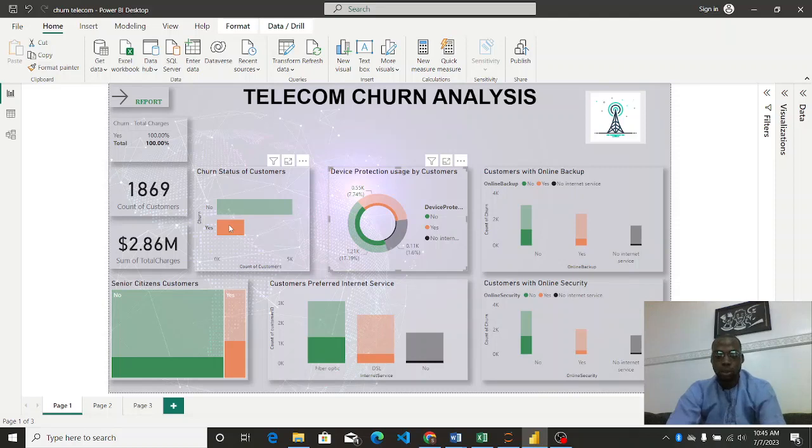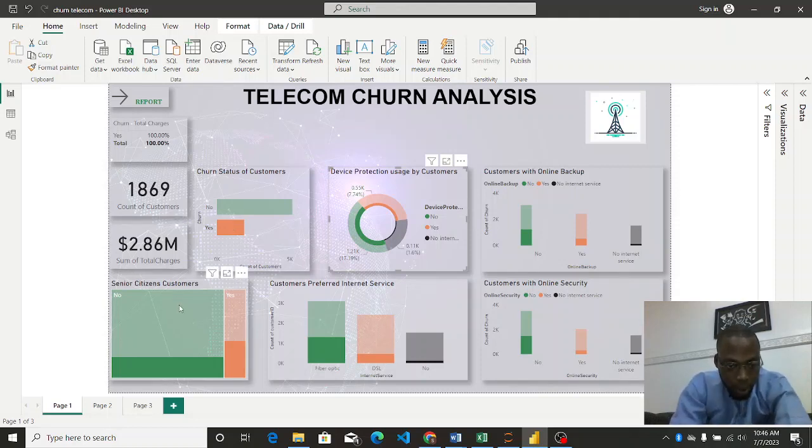So what do we need to do? Firstly, we have to know who they are. Who are these customers that churned us? Are they senior citizens or are they junior citizens, in brackets youths? If they are not senior citizens, then they are youths. If they are not the elderly, then they are youths. So for us to find out what category they are, we have to check the senior citizen count.